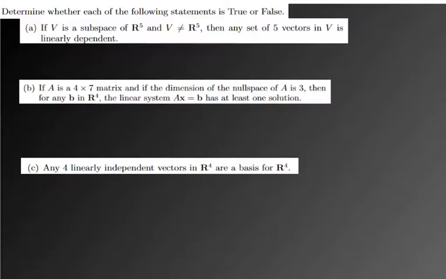So if you think about it, if V is not equal to R5, right, then the way my brain thinks about it is, suppose V is R4, which is the biggest it could be and yet still not equal to R5, because it is a subspace of R5.